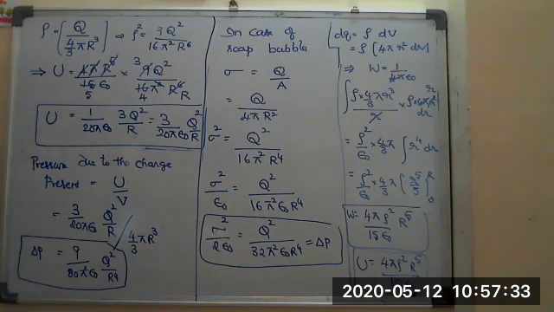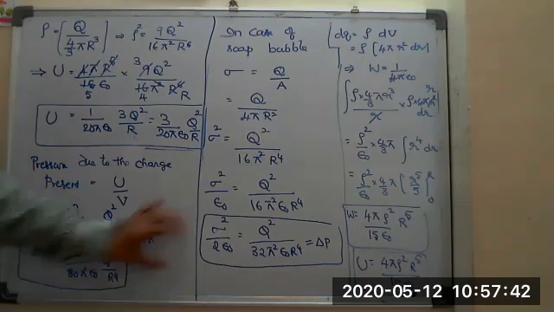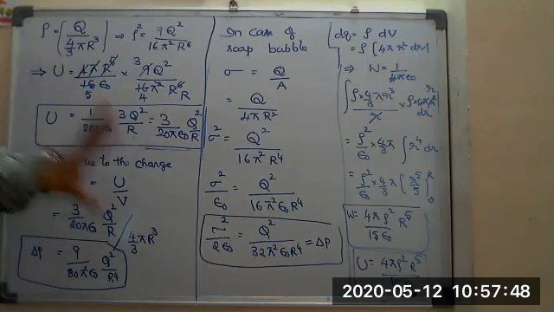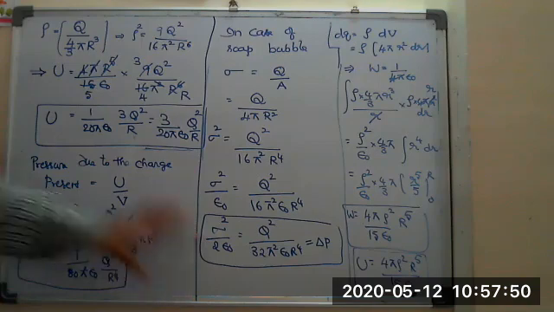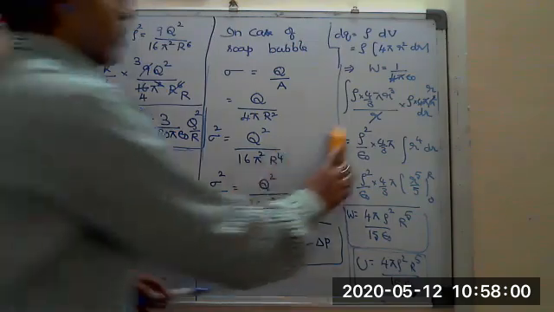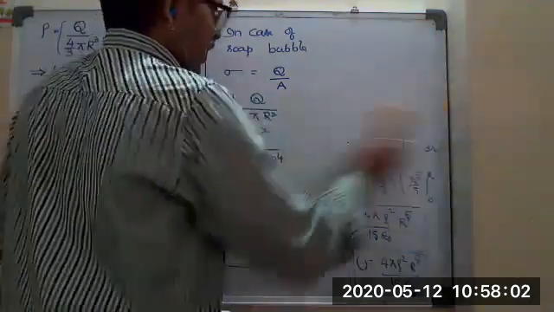This will be the total pressure that it exerts at the surface, and this is the pressure in the case of the hollow sphere. Understood? This is the story about the pressure concept and the self potential energy, in solid and hollow sphere, both the cases I explained here. And then I am coming to here.